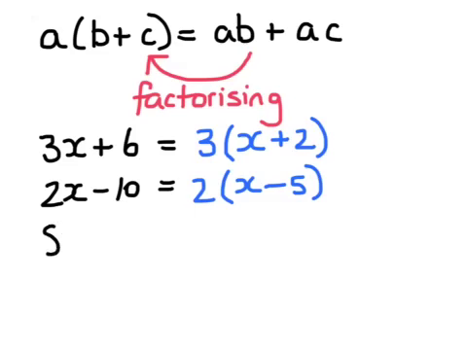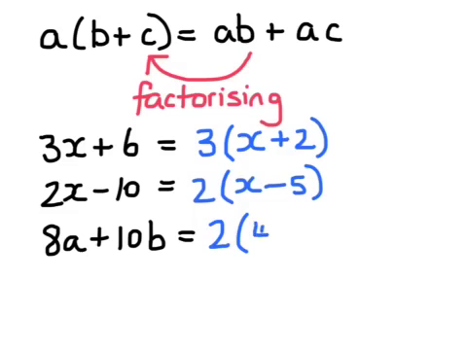Third example, let's change to something like 8a plus 10b. We're looking at the letters a and b instead of x here. What divides into both 8a and 10b? If I look at the numbers 8 and 10, 2 goes into both of those, so I take out 2 as a factor. I open a bracket and ask what I multiply 2 by to get 8a.